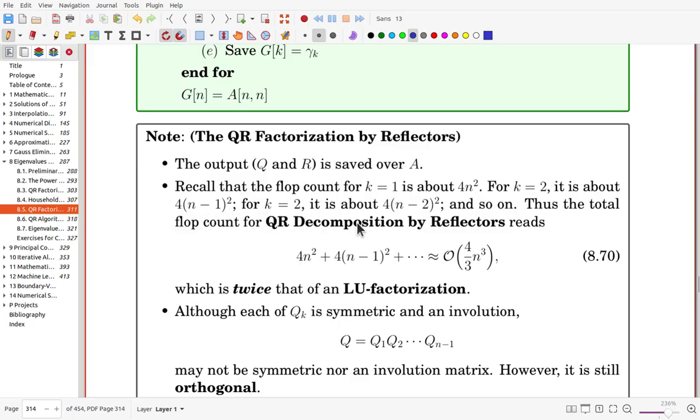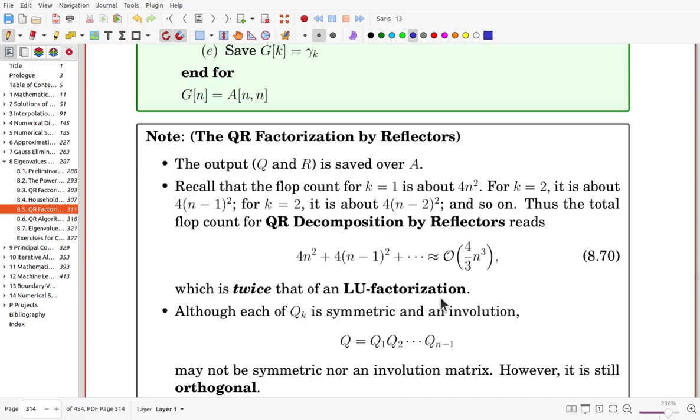For step 3, the computational cost must be about 4 times n minus 2 squared, and so on, so that the total cost for QR factorization by reflectors will become about 4 over 3 n cubed. That is about twice the cost of LU factorization.